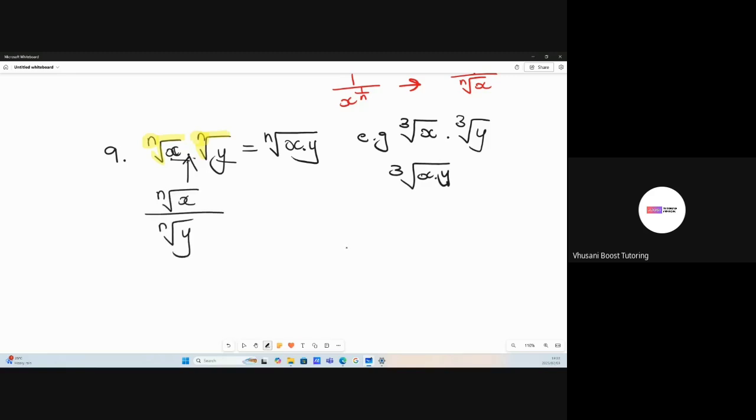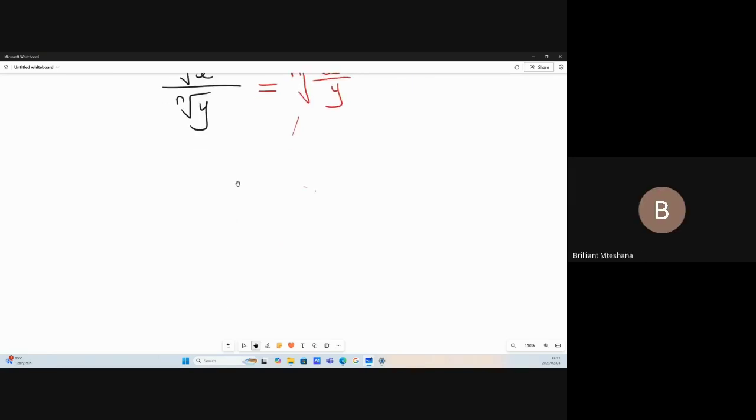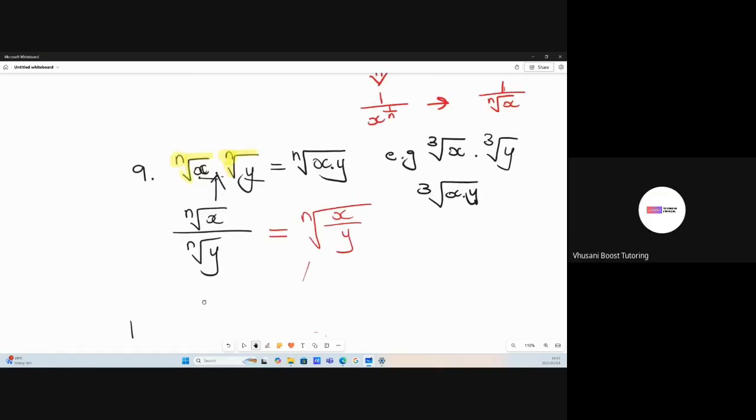We do the exact same thing we did over here, and then we just divide the two bases. So we will basically have the nth root of x divided by y. Pretty straightforward. Now I am almost done. This is the last law. I think this is the 11th law or 10th law.